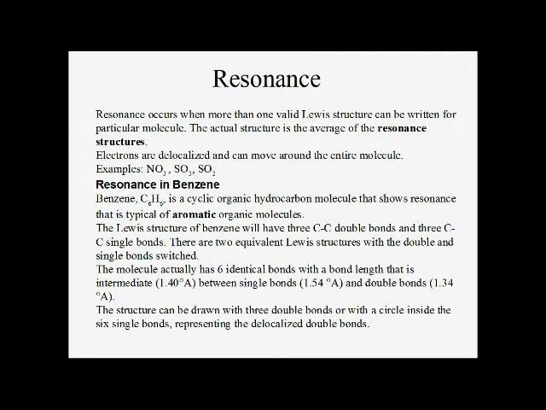Sometimes we can write more than one valid Lewis dot structure for a molecule. When we can write more than one valid Lewis dot structure, the molecule really can resonate between those structures. We have 2 types of valid Lewis dot structures.